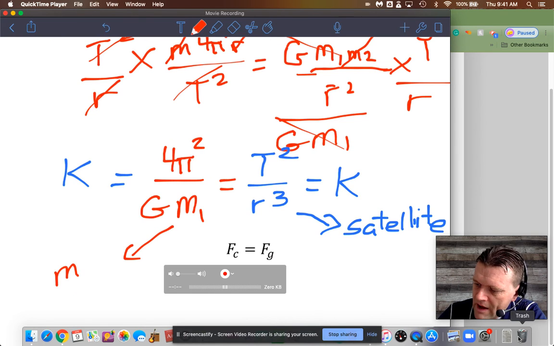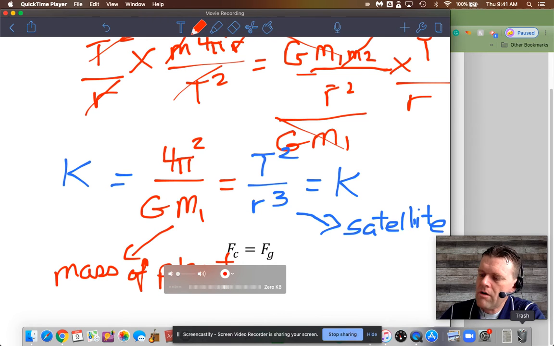So this is the mass of the planet for our example here, if we have a satellite orbiting a planet. What's really interesting about Kepler's constant is that if you are trying to find Kepler's constant for a star or for a planet, you only need the mass of the planet.